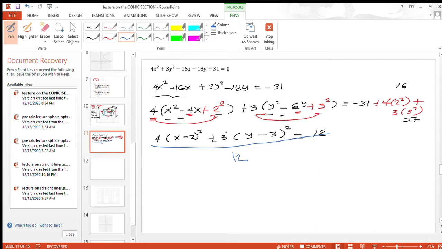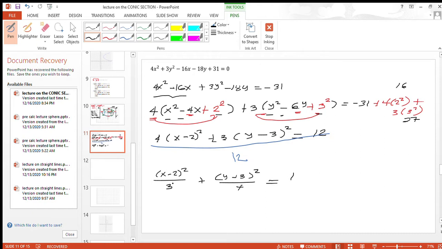If we divide both sides by 12, this now gives us x minus 2, the quantity squared, over 3 plus y minus 3, the quantity squared, over 4 equals 12 divided by 12 is equal to 1.